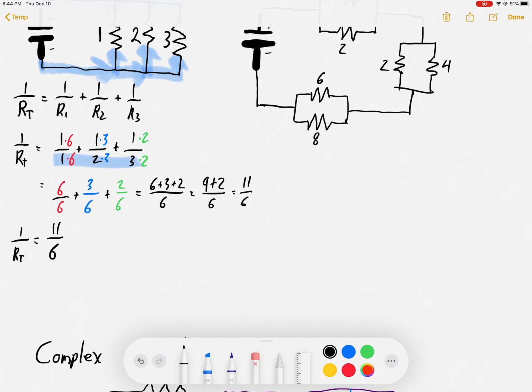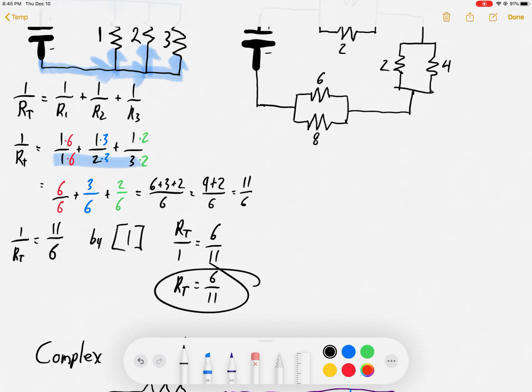Now I go back and I use that rule 1 that says I can just flip both my fractions. And of course RT divided by 1 is just RT. So the total resistance is 6/11.